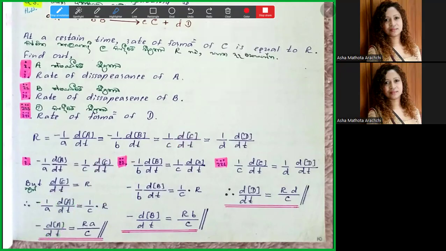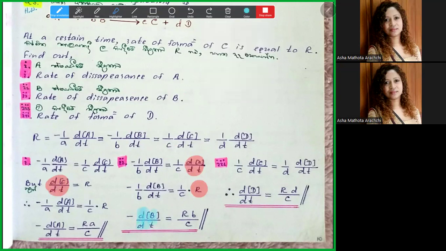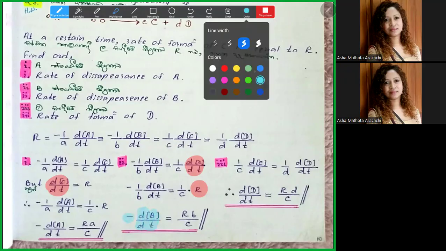Okay, so then the second one, rate of disappearance of B. So I'm going to go with the B part, and this is the B, which is supposed to be equal to this. So I can rewrite it here. Then again, same way, dC over dt equals R. Then when I'm subjecting dB over dt, negative, this B comes to the other side.